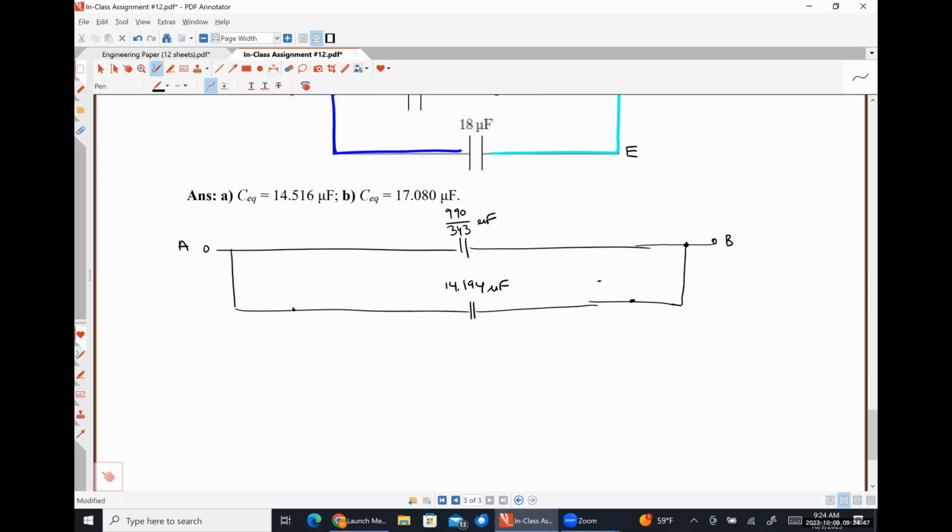Now I'm going to have x times y over x plus y. No, that's wrong. Just add them together. My bad, x plus y. 17.0798, or 17.080 microfarads.